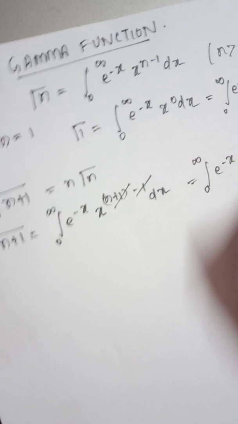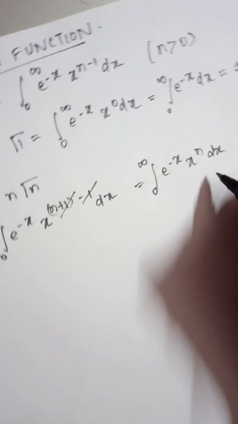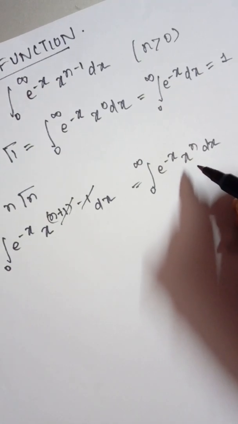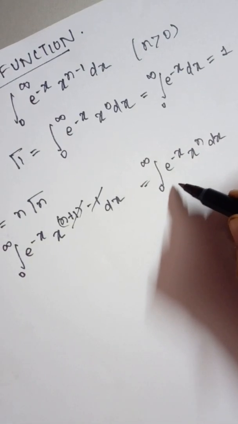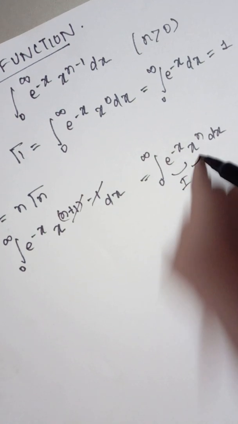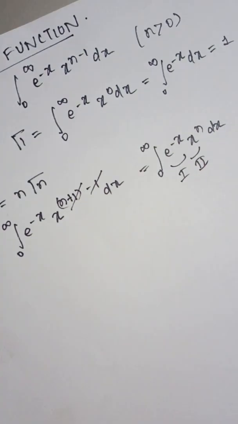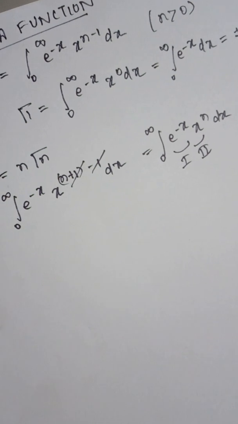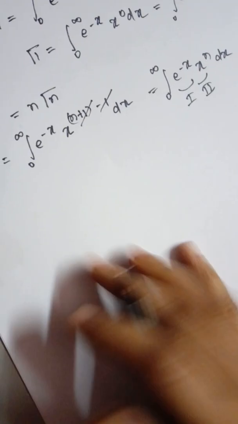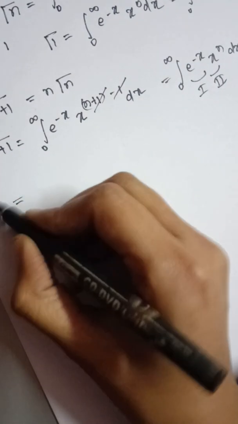Now, how to solve this? We can easily solve this by use of integration by parts. This is my first function, this is my second function, right? By which rule? ILATE. So, we will solve this. On the left hand side, we have gamma n plus 1.